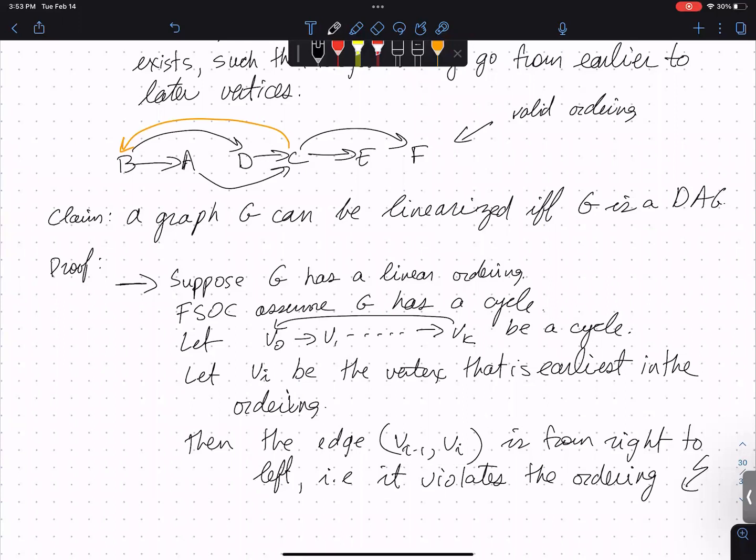Okay, how do we know there's an edge from Vi minus 1 to Vi? Because it's a cycle. There's some Vi here, and there's some Vi minus 1 right before it.